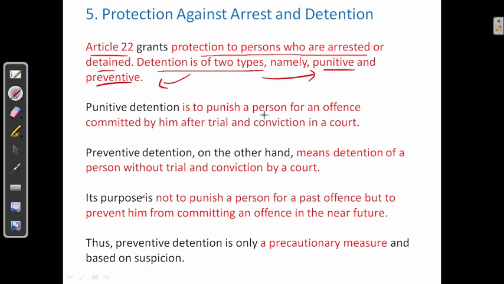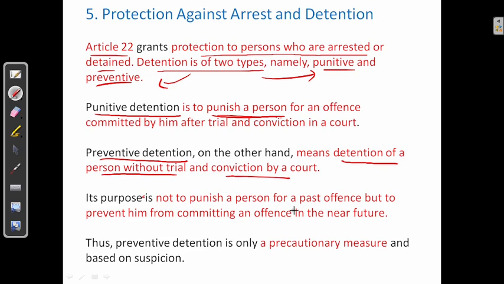Punitive detention is to punish a person for an offence committed by him, after trial and conviction in the court. Punitive detention is punishing a person after he commits a crime, whereas preventive detention is detention of a person without trial, arresting him without a trial and conviction by the court.